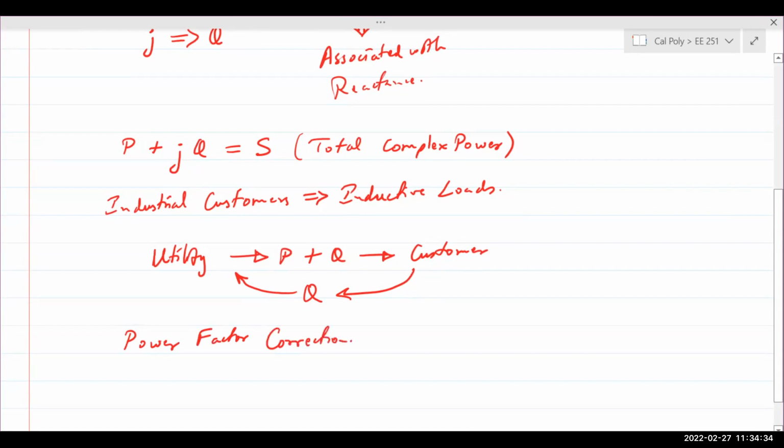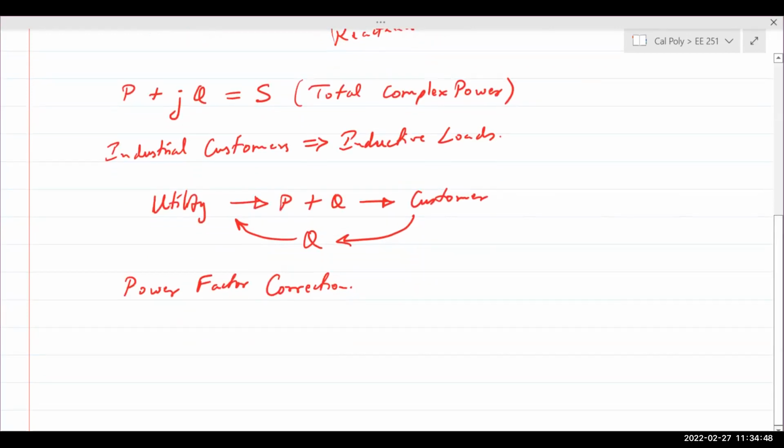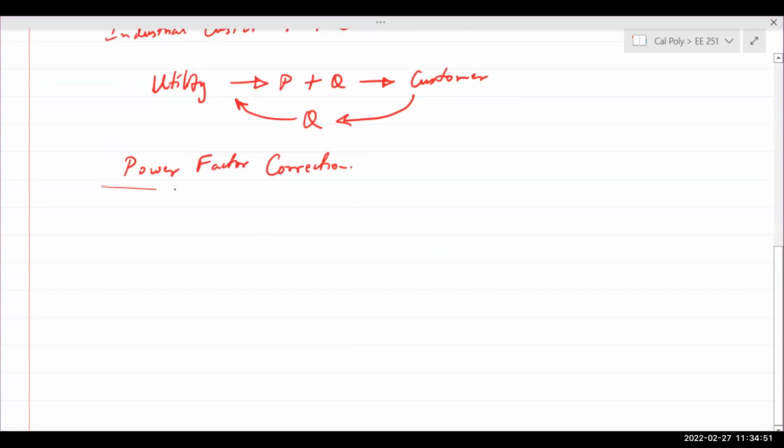Okay. So since inductive power is associated with the reactance, and it is a complex quantity, the inductive power Q_L in the complex plane is plotted with a plus 90 degrees.